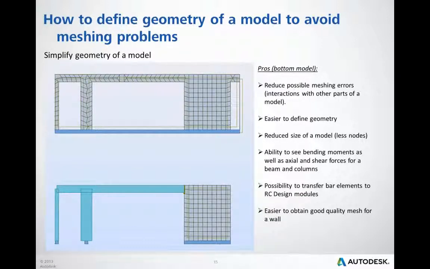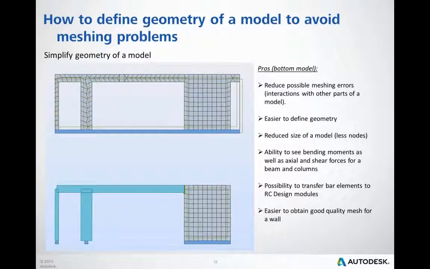The benefits of such an approach are indicated on the currently displayed slide, and mind that this applies not only to walls and columns as in this example, but to slabs as well.